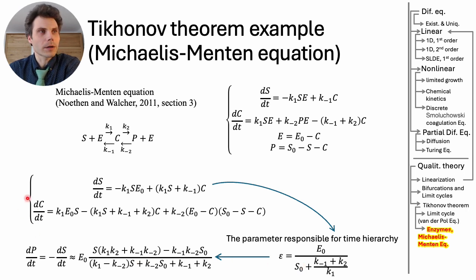And then the kinetics of C, the complex, can be also represented in a quasi-stationary way, like the kinetics of grass in the elephant example, like the kinetics of Z in the van der Pol example.